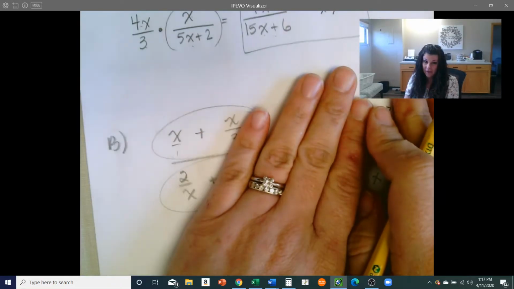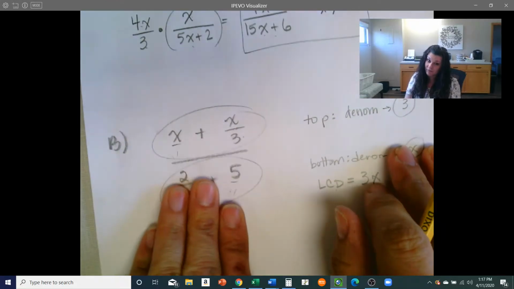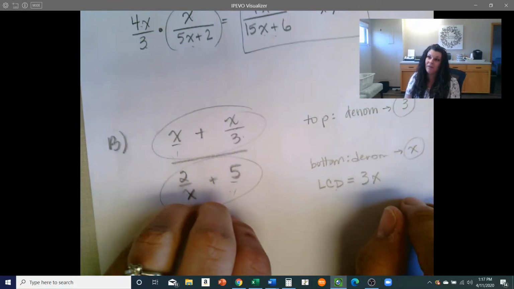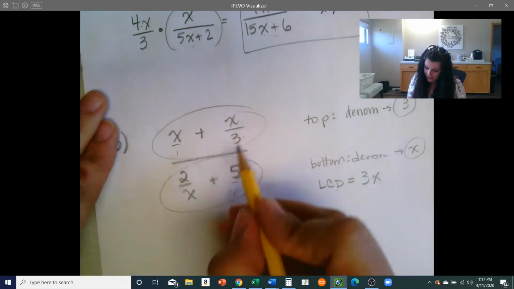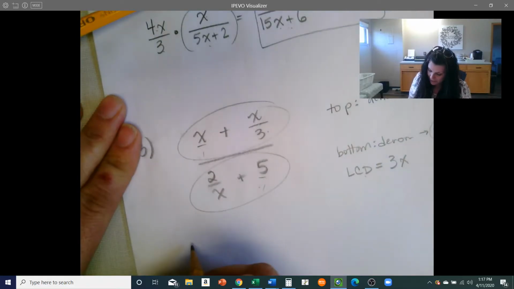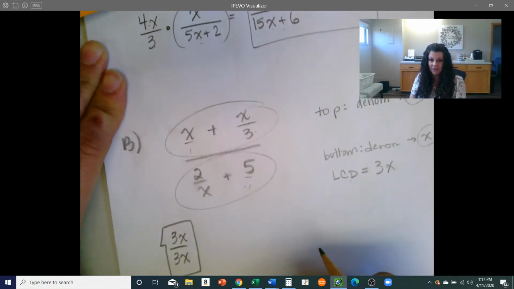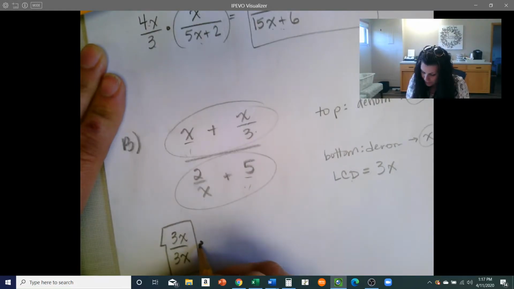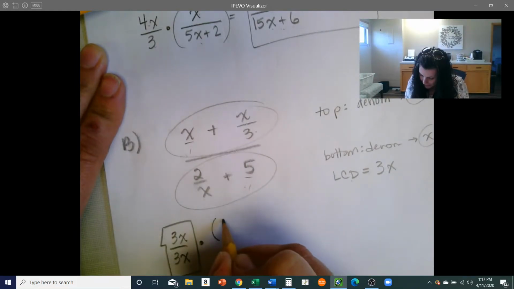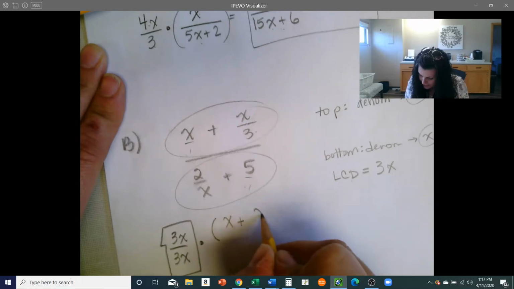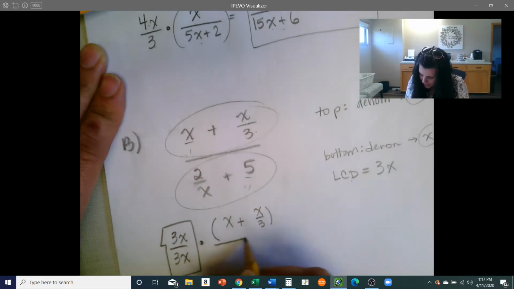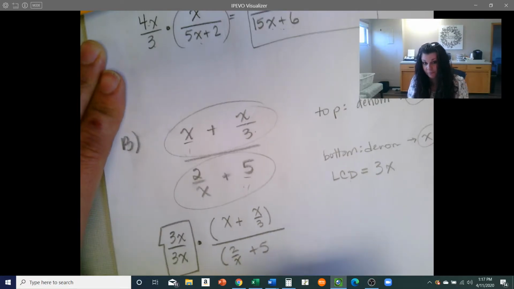Now I'm going to multiply this by a fancy 1 using my least common denominator. So I have this fancy 1, and I'm going to multiply it by x plus x over 3 over 2 over x plus 5.